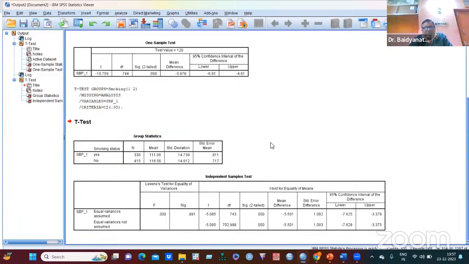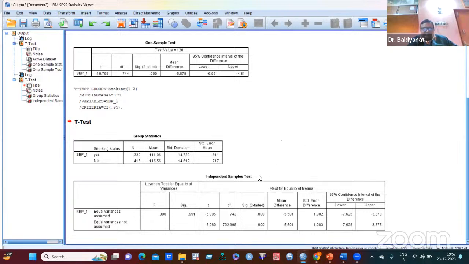So now my objective is to find out whether there is any significant difference between the two means or not. So I go to the independent t-test.